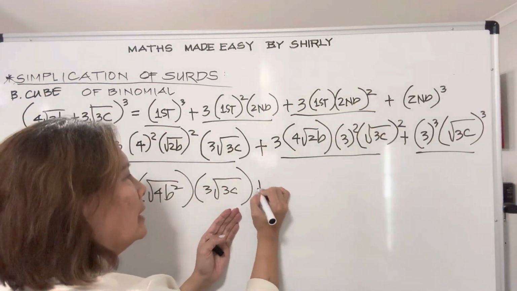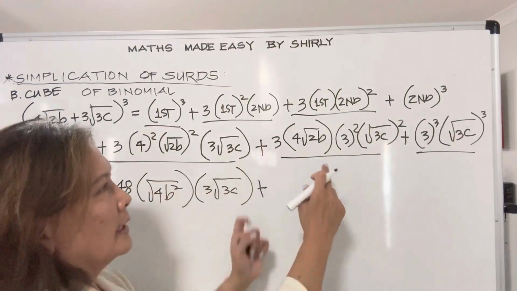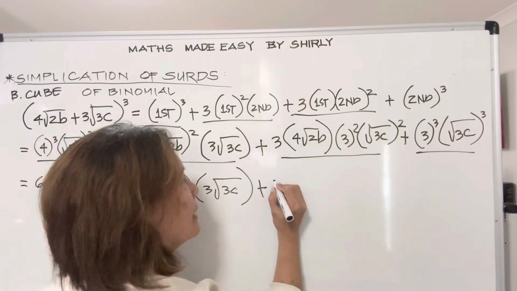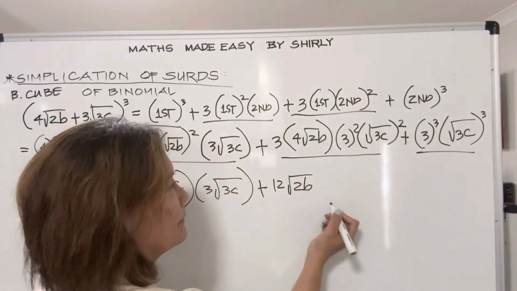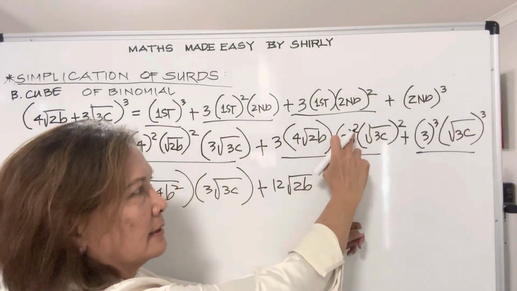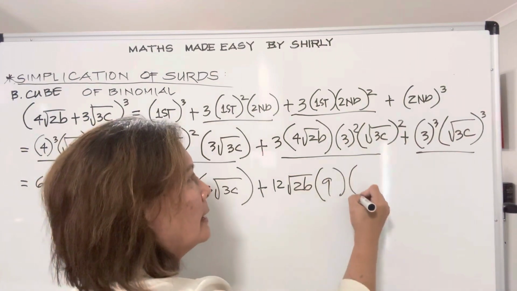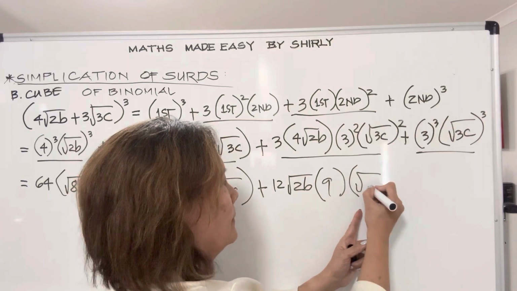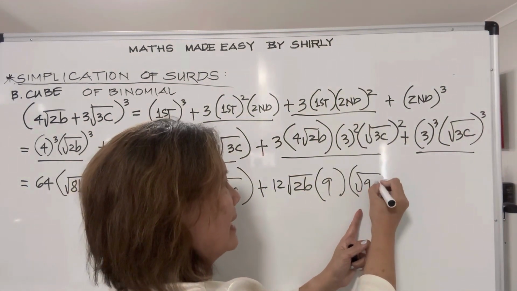Next, we again have thrice. So we have 3 times 4, that is 12, square root of 2b. Take note, we have 3 squared here, so we multiply that by 9. And we square also the square root of 3c, that becomes 9c squared.